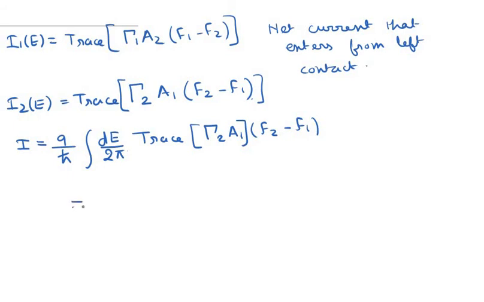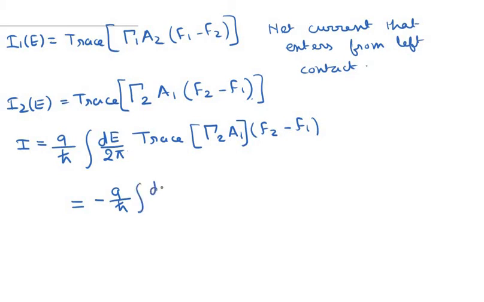Now this must be equal to minus Q by H, the current that enters from contact 2, because if current is entering from contact 1, then the current should exit from contact 2. Okay, so this expression here is basically of the net current that enters from contact 1 or contact 2. So if current is entering into contact 1, it is given by this expression. So in that case current is exiting through contact 2, so it should be minus of the entering current actually.